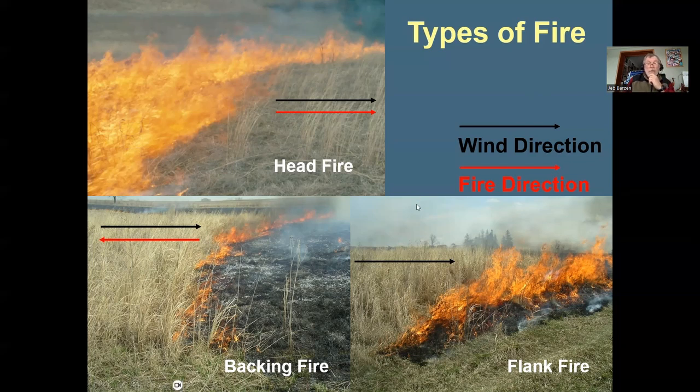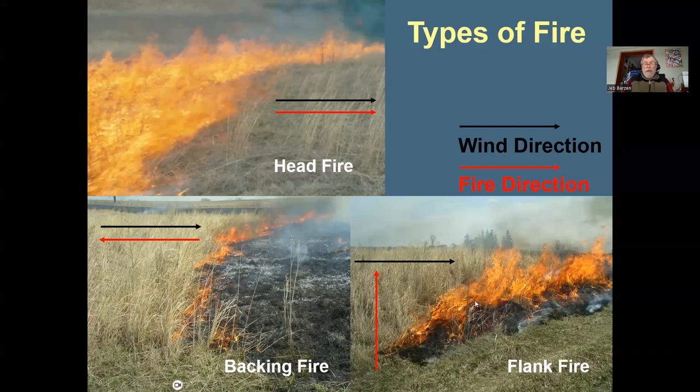The flank fire is everything in between. So basically the fire is moving in the direction of the arrow, and that's perpendicular to the direction of the wind. So in this case, the fire is moving this way and the wind is moving this way. What you get with a flanking fire, as you might guess, is that it is intermediate in intensity, flame length, and rate of spread between a head fire and a backing fire.